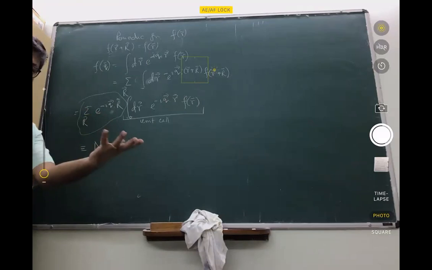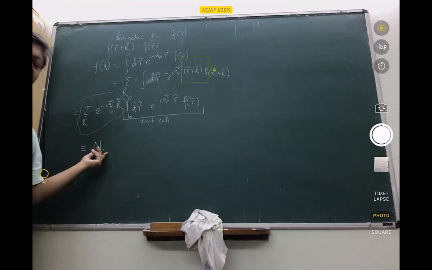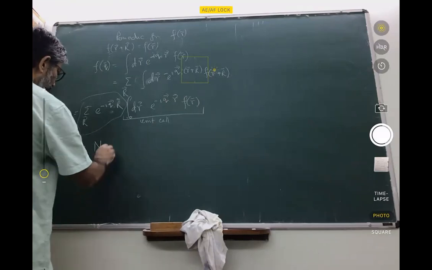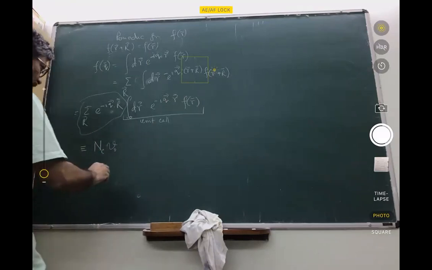Suppose I have a piece of crystal in which I have a certain number of unit cells. So it is that number of unit cells times V naught. I'll tell you where V naught comes from.